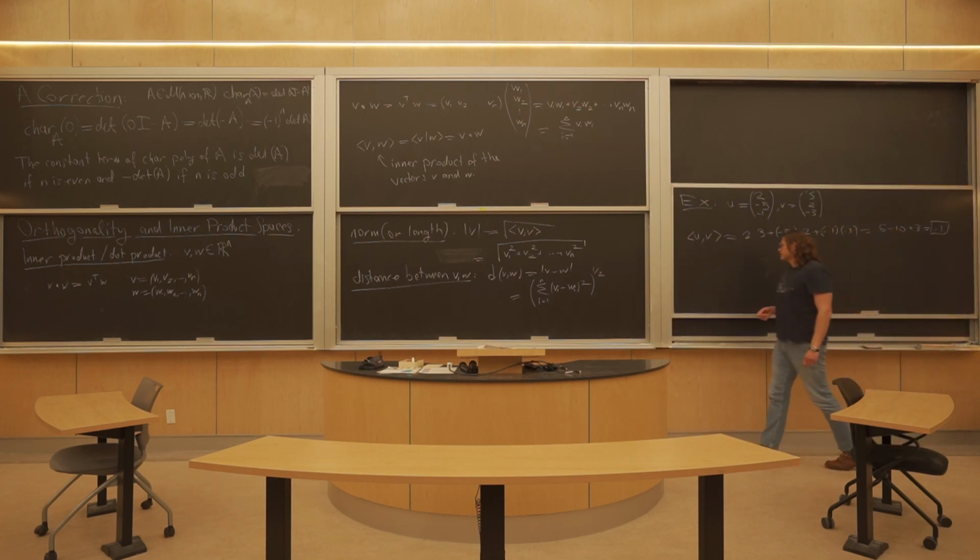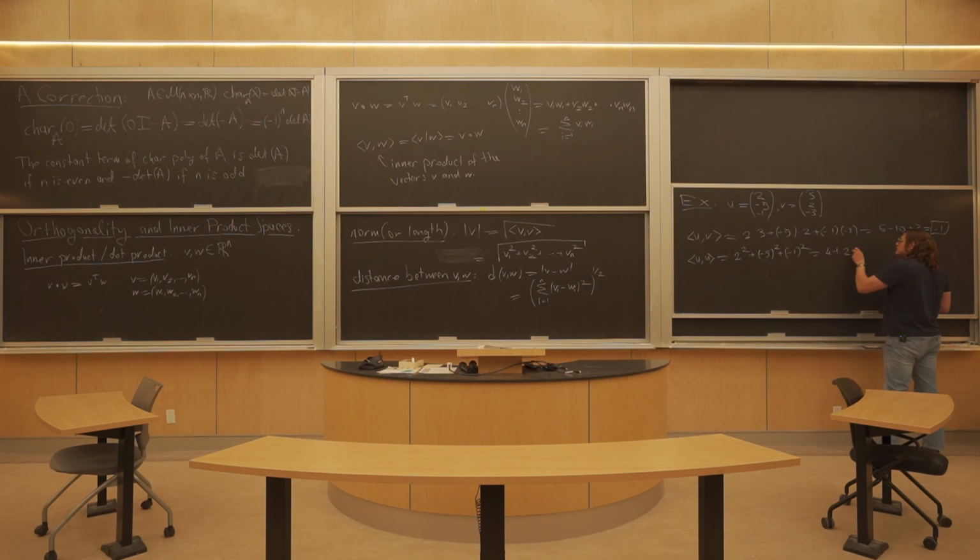If I were to look at the inner product of u with itself, all I'm going to do is square all of these entries, and then add them up. That gives me 2 squared plus minus 5 squared plus minus 1 squared. This is 4 plus 25 plus 1.